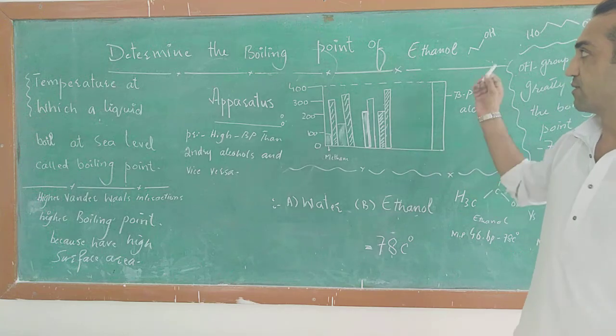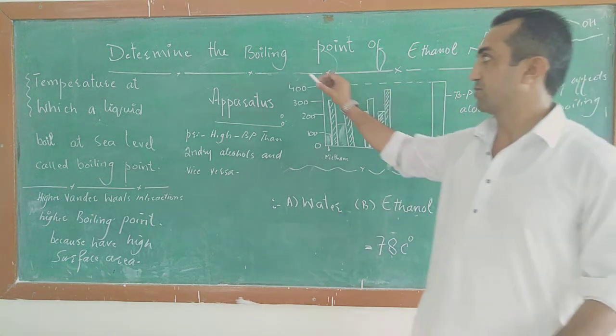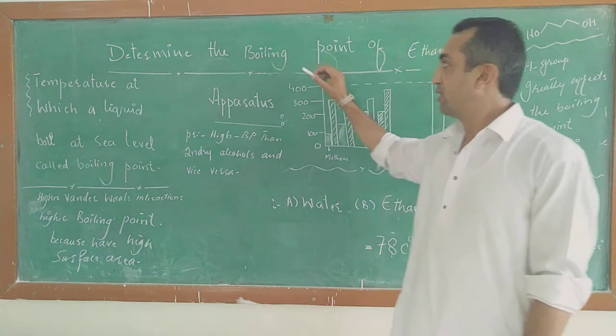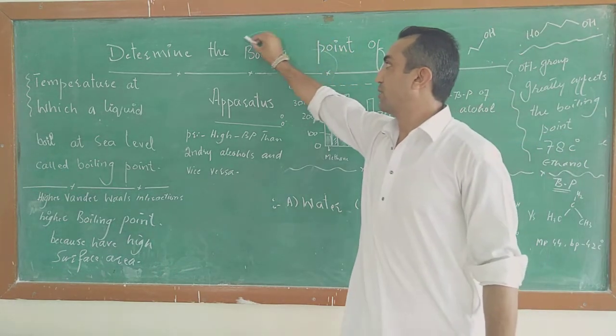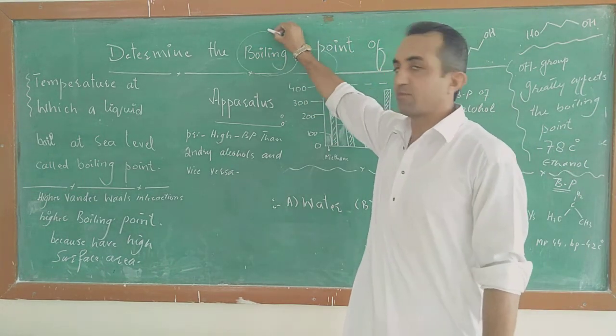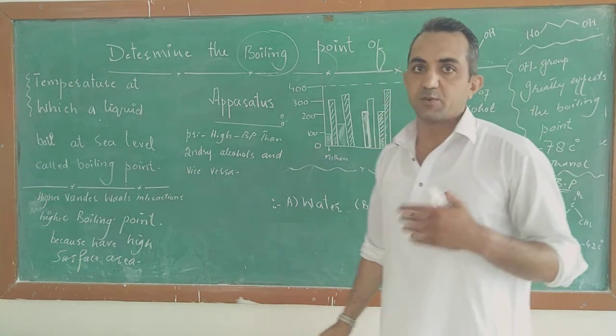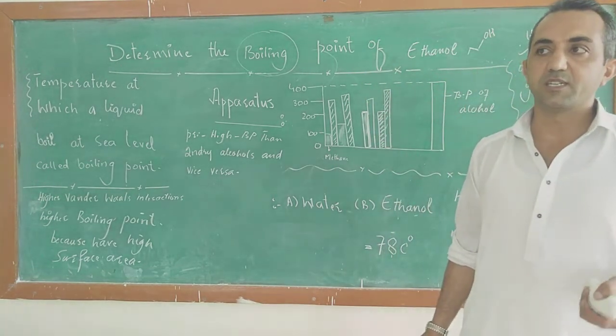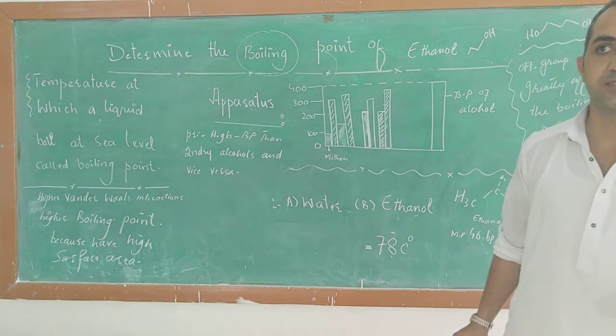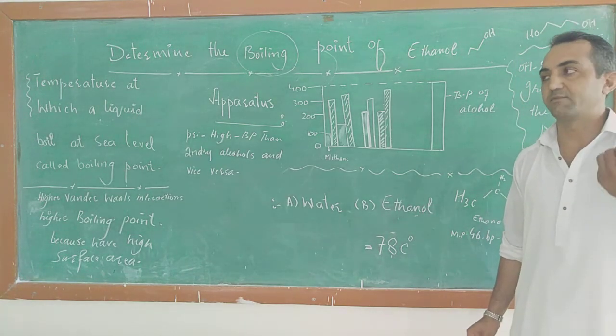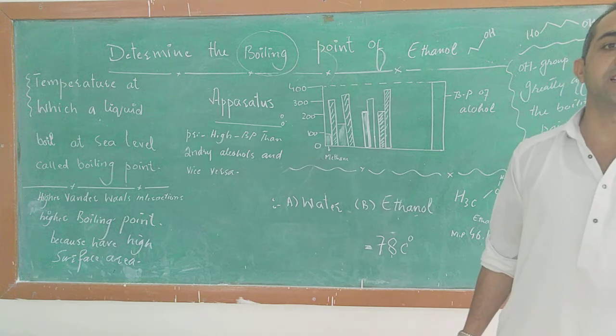So first of all, in this experiment, we will determine the boiling point. So what is the boiling point? Boiling point is the temperature that we provide to any liquid at which that very liquid boils at sea level.